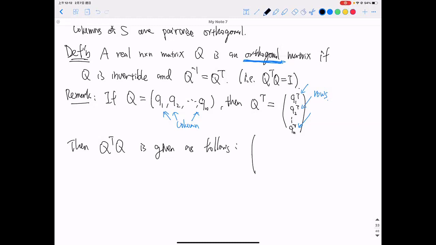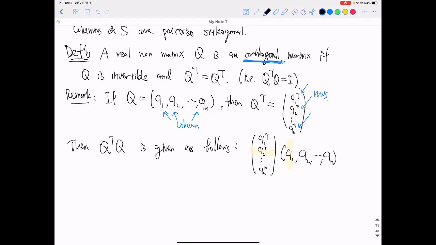Q transpose is written in rows, and Q is written in columns. Now, when you try to compute Q transpose Q, what you're doing is you take a row and multiply with a column.